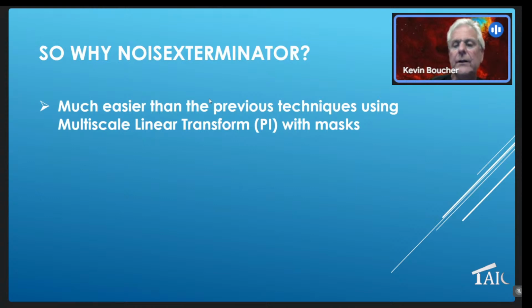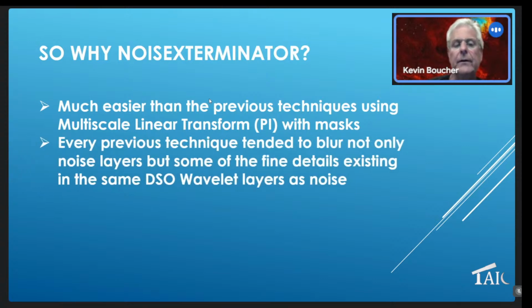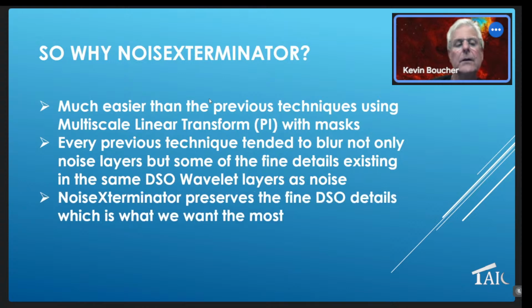So the trial and error thing is pretty much gone using tools like Noise Exterminator. All these previous techniques I've tried tended to blur not only the noise layers, but some of the fine details in the really small wavelet layers, where the noise exists. Noise Exterminator preserves the fine details, which is obviously what we want.